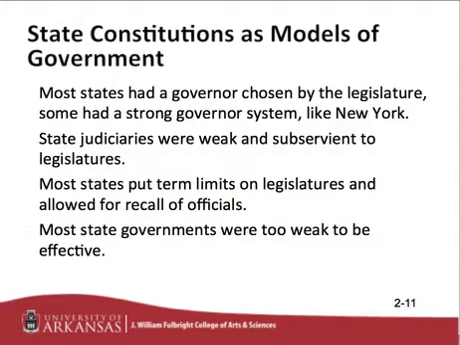So, in other words, the idea was that the state governments were too weak to be effective. What we saw here is a desire to not have too much power in the government. In other words, there was a fear of the sort of government that was overwhelmingly powerful that was seen with Great Britain, which was exercising its control across the ocean.